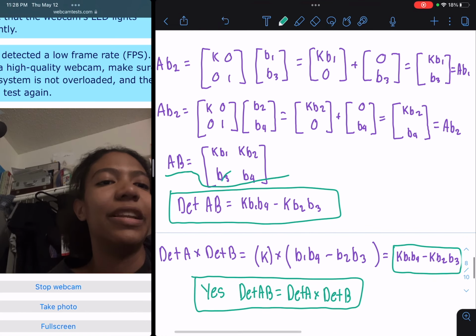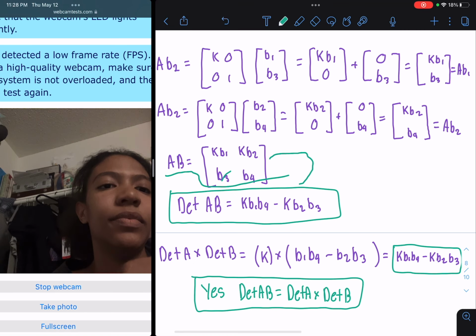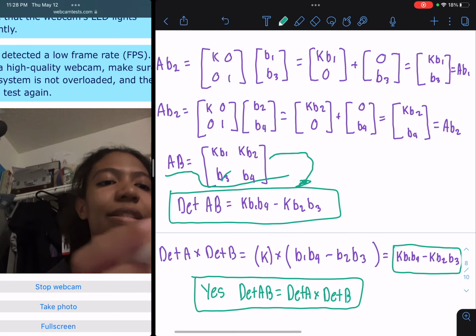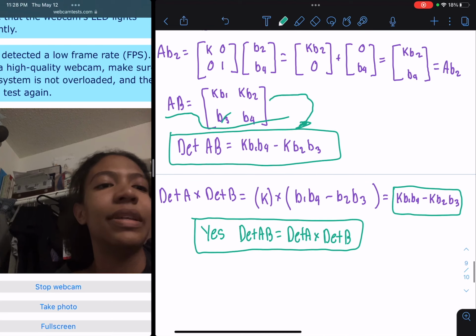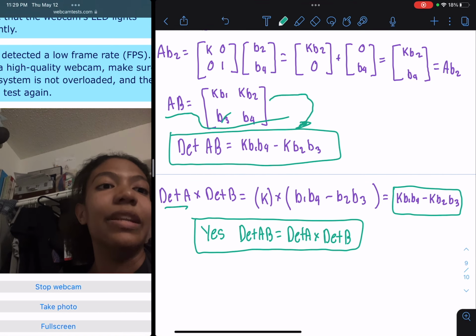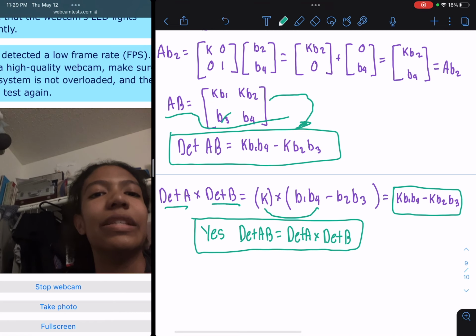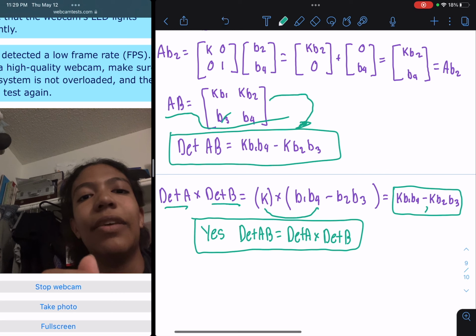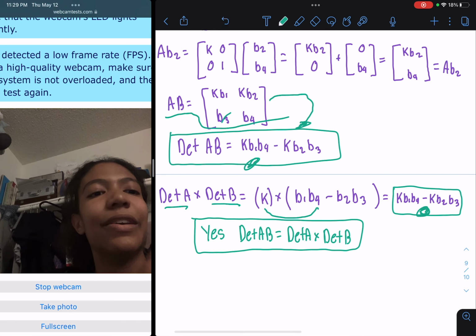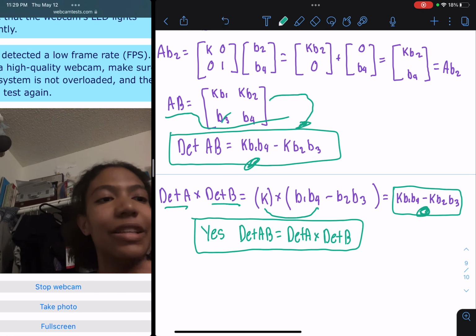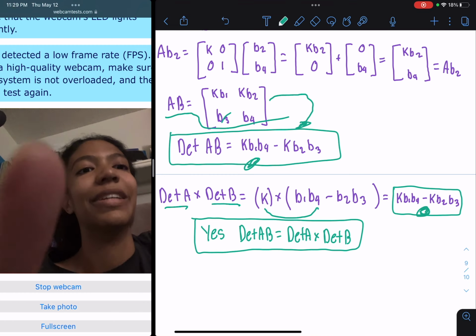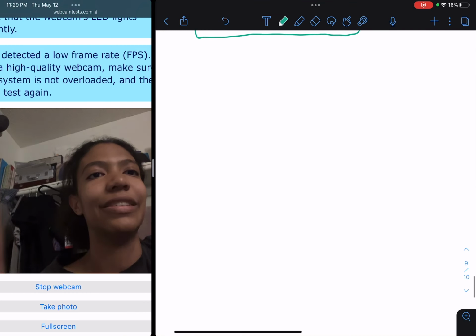And the determinant of AB is this. And the determinant of A times the determinant of B equals k times this. And we get the same thing. So the determinant of AB is equal to the determinant of A times the determinant of B, which is what we had to show.